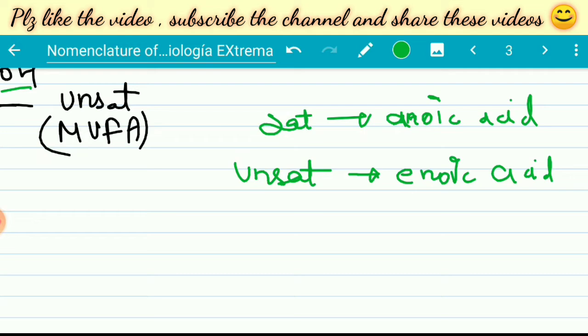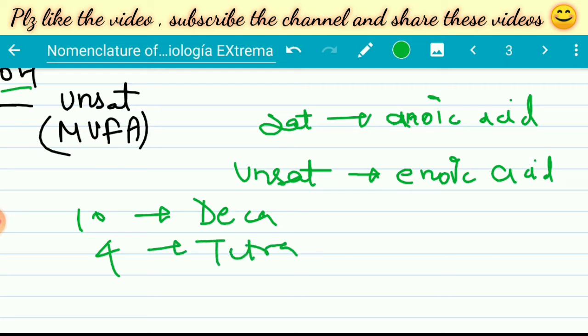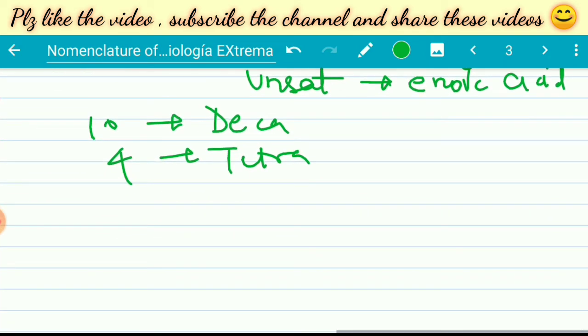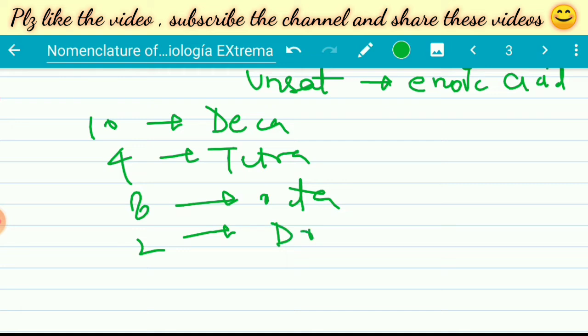Then for the number of carbon atoms we use prefixes. If it's 10, we use deca. If it's 4 we use tetra, you may be familiar with these. 8 is octa.